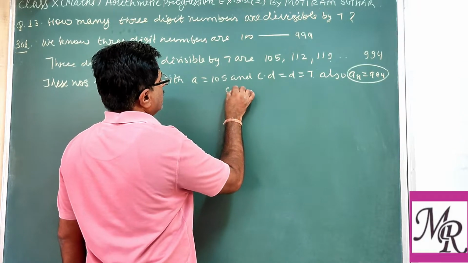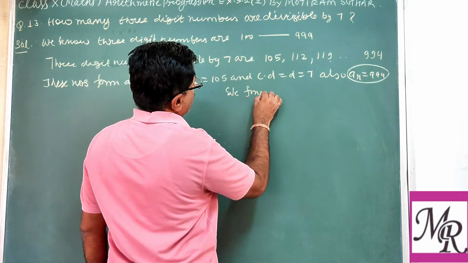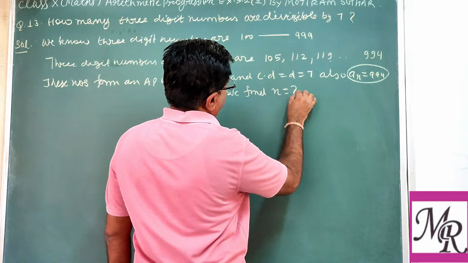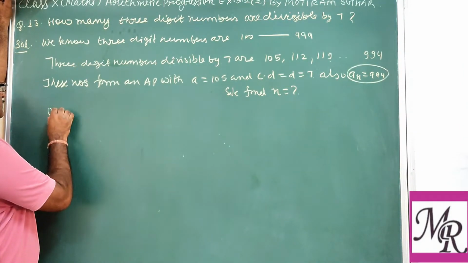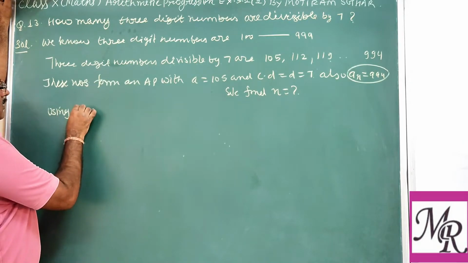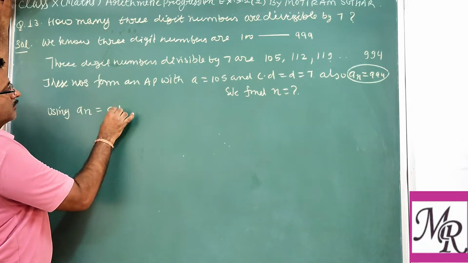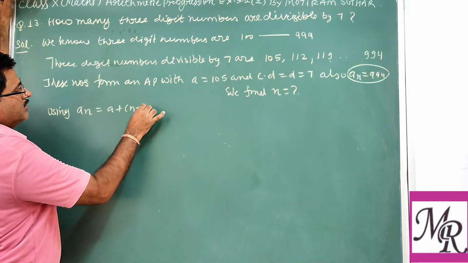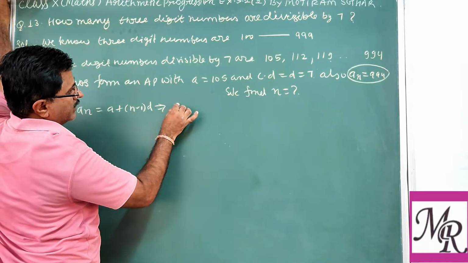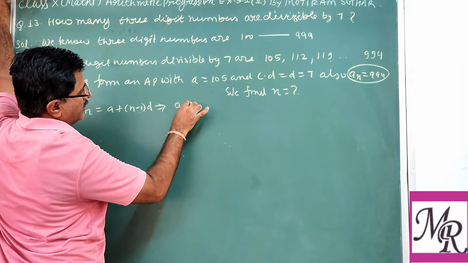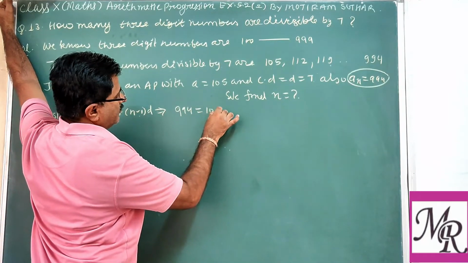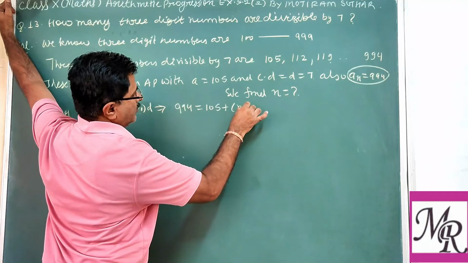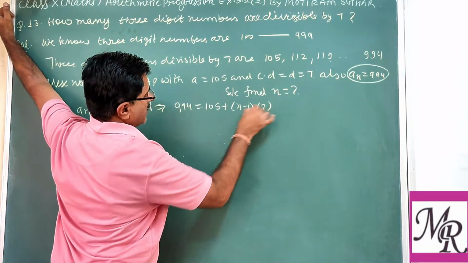We find how many numbers there are. So using the formula an equals a plus n minus 1 times d. Here an value is 994, a first term is 105, n we want to find, d is 7.